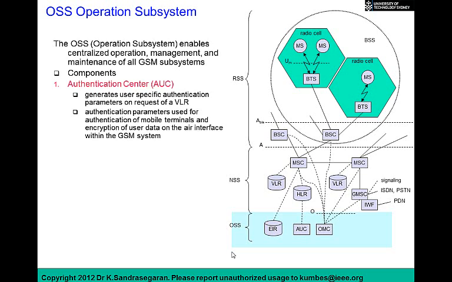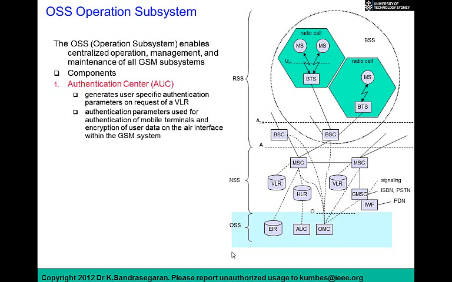Okay, so the important components are the authentication center, which is associated with some of the security functions of GSM. So it generates the parameters that are needed to authenticate a subscriber.